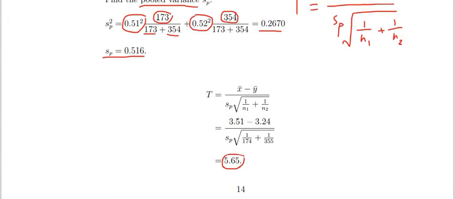Suppose we compare two proportions. We also have the same story: if we assume the variances are the same, then we should use a different formula.